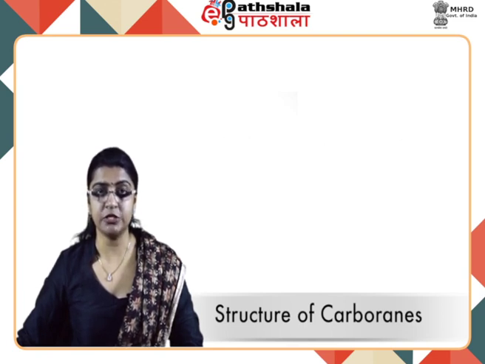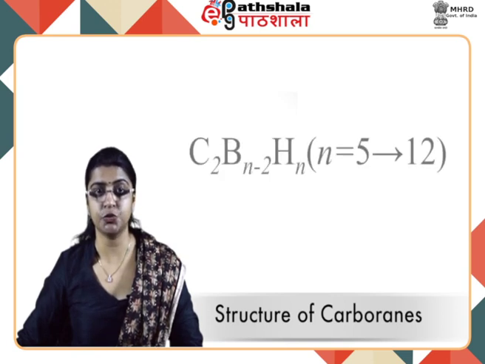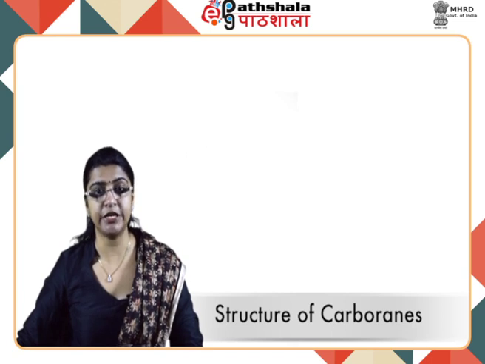These structures are also adopted by carboranes having a general formula C2Bn-2Hn, where n can range from 5 to 12, and related isoelectronic species.